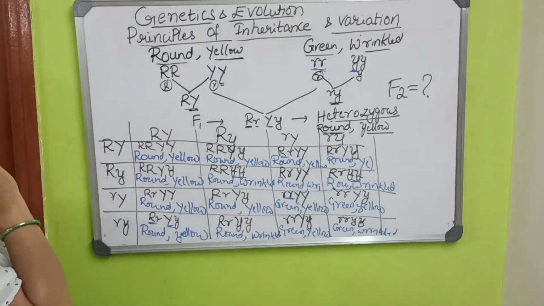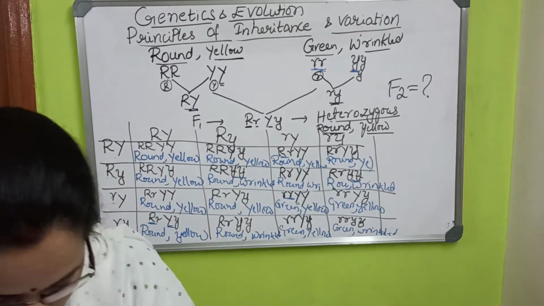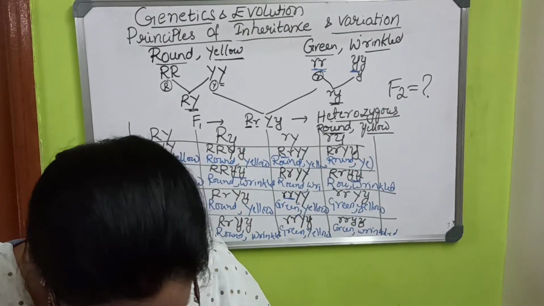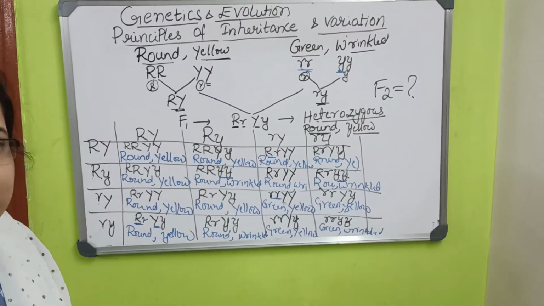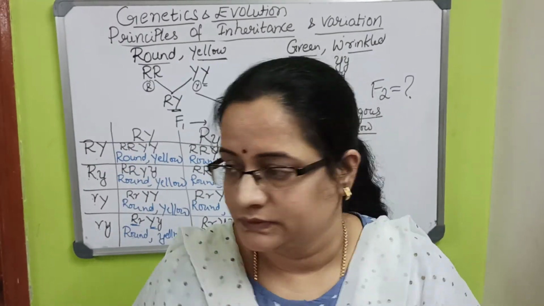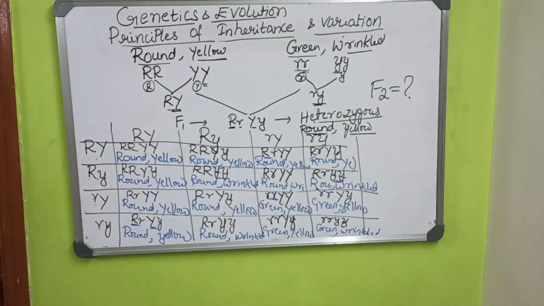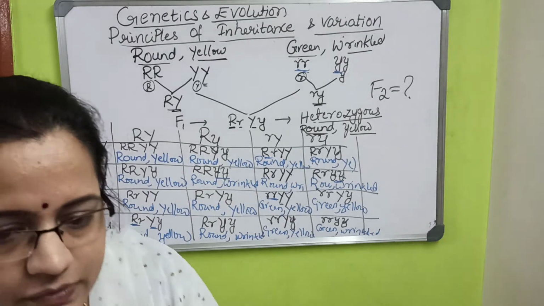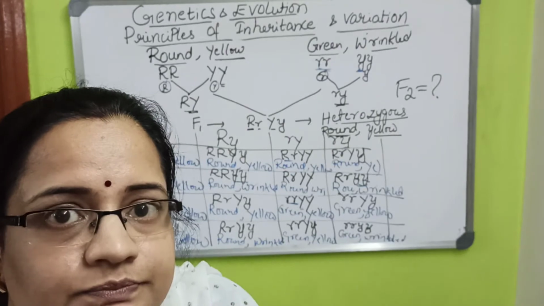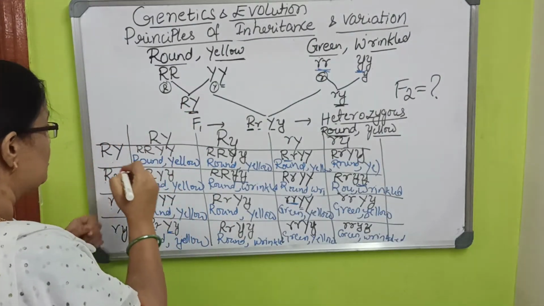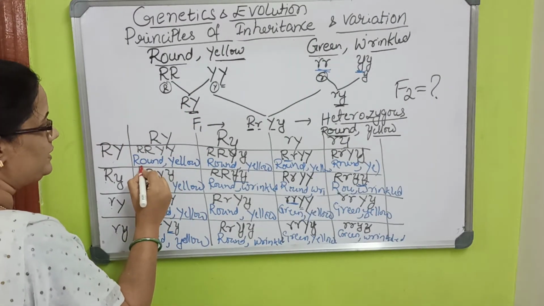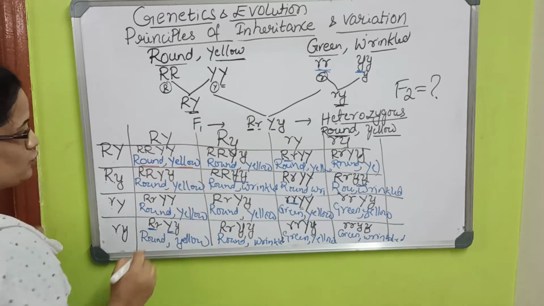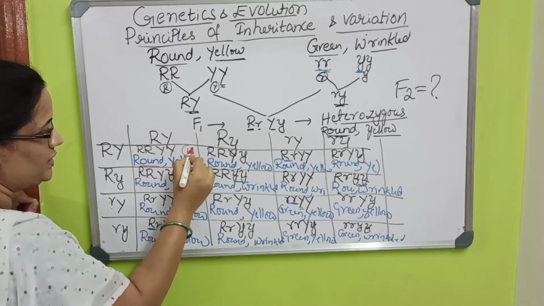The phenotypic ratio and genotypic ratio are... so you can write the characters which are showing. You can count the round and yellow.